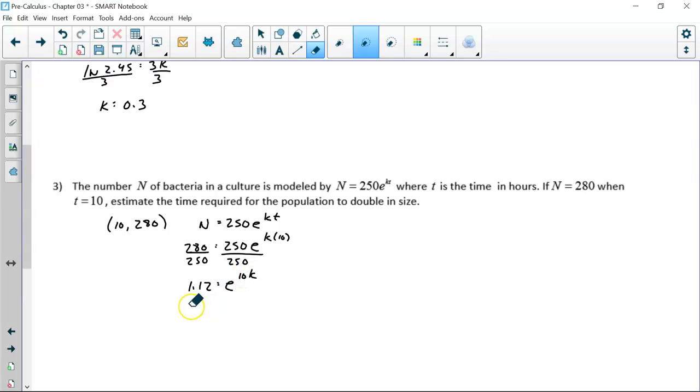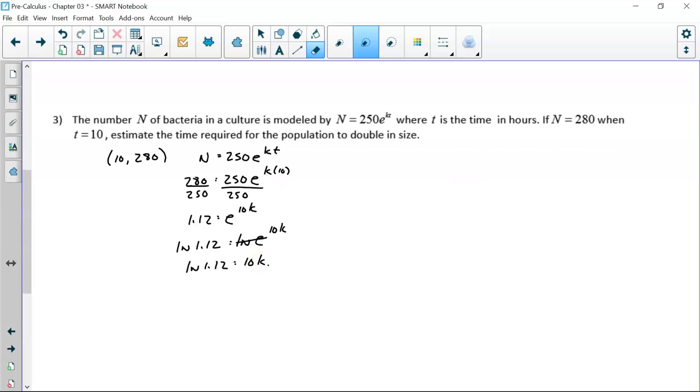Undo the e with a natural log: natural log of 1.12 equals the natural log of e to the 10k. Natural log of e can cancel out, so you get the natural log of 1.12 equals 10k. Divide both sides by 10. k equals, about 0.011. So we have what we need for our model. N equals 250 e to the 0.011t.